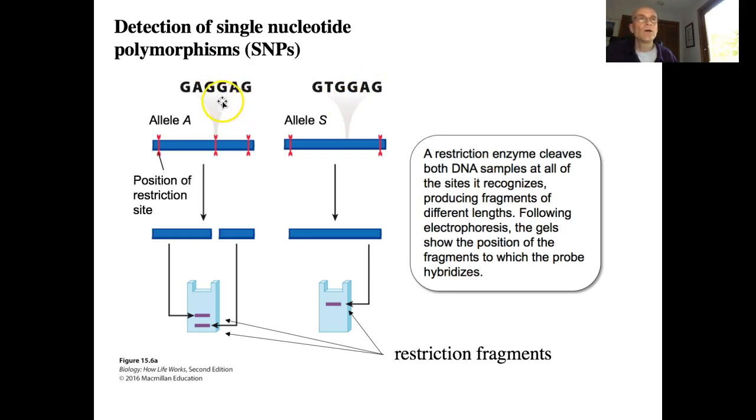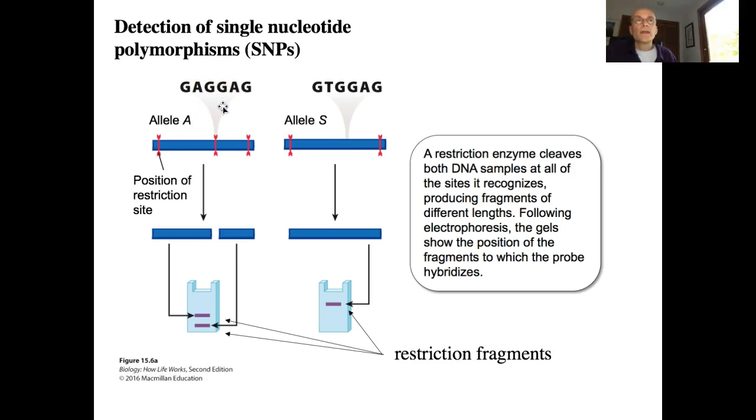So this enzyme now binds here and it cuts the DNA because it recognizes this sequence in this context and it cuts it. And so the reason originally for why it does that is because this might be the sequence that's found in a virus, and this particular bacterial restriction enzyme cuts that viral DNA.